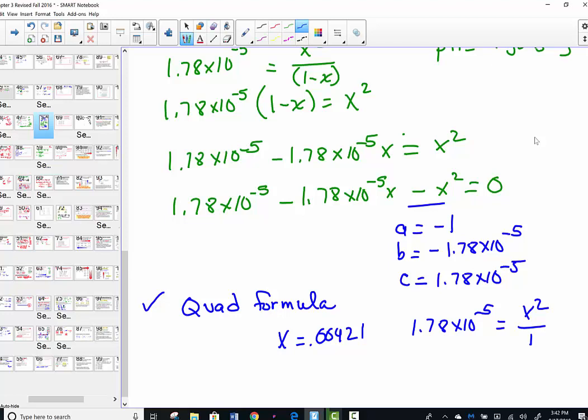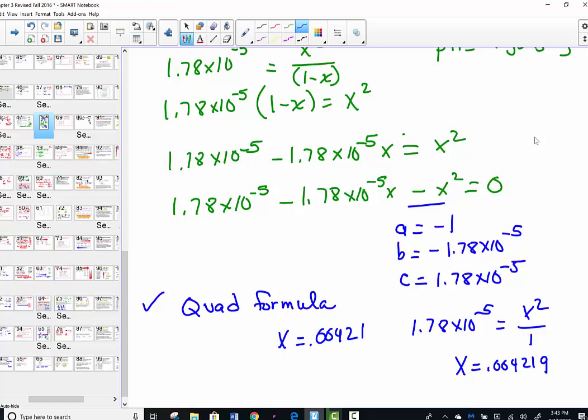That will toss out the -X because the insignificant number, 0.00421, does not efficiently change the value of 1. It's called the 5% rule. If you take the square root of 1.78 e -5, you will find that X equals 0.004219, essentially the same number.